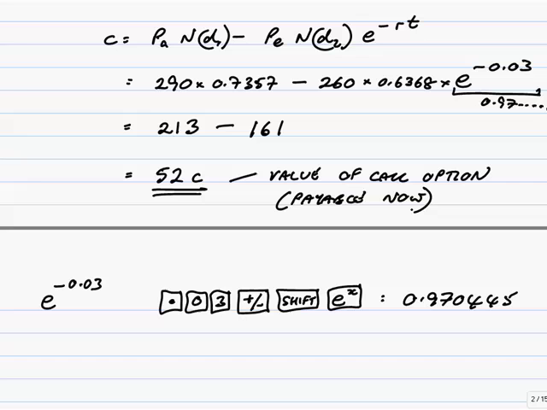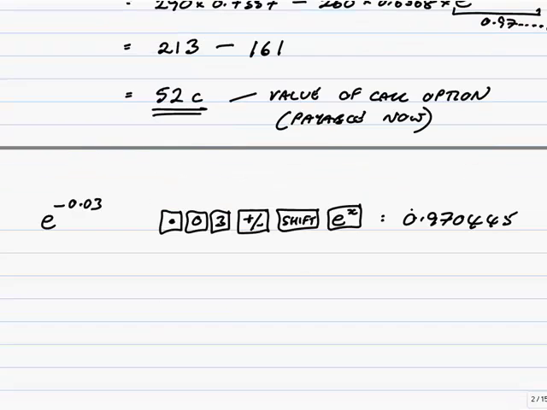However, just as you're able to buy a call option, the right to buy at a fixed price, equally, you can buy a put option. And remember from earlier, a put option would be the right to sell at a fixed price.